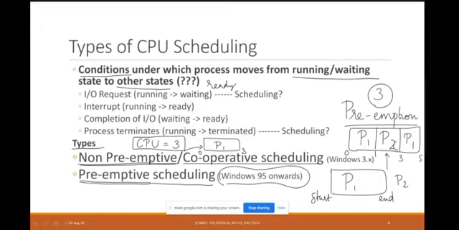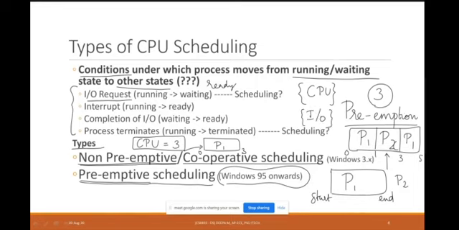We are just going to see that. We have already seen this. Under the condition of an IO request, what happens? It will go from your running to waiting state. Whenever there is an IO request, it will go from the running state to your waiting state until the IO is complete. Okay. So we have CPU, and then you have some more IO time.